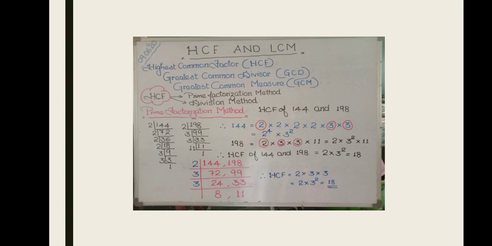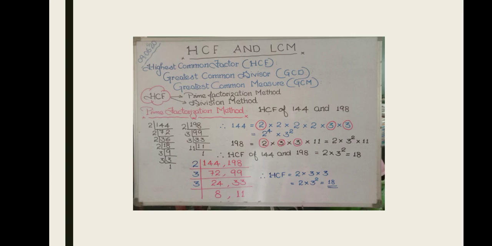So among these factors, the greatest number which is a common factor of two or three or more numbers is called the highest common factor, HCF. One more name is greatest common divisor, GCD, or it is also known as greatest common measure, GCM. So HCF is also known by the other names GCD and GCM.